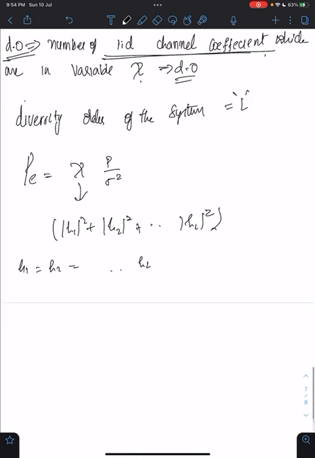If this is the extreme dependence case and H1 goes to deep fade, close to 0, then H2 will go to 0, H3 will go to 0, essentially up to HL will go to 0.